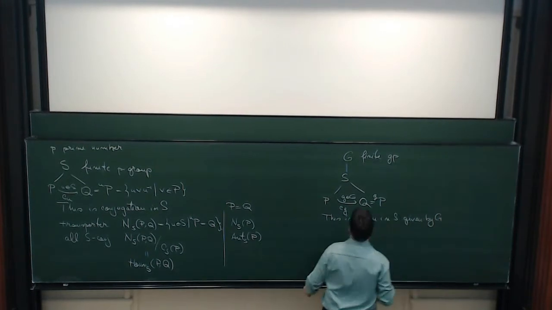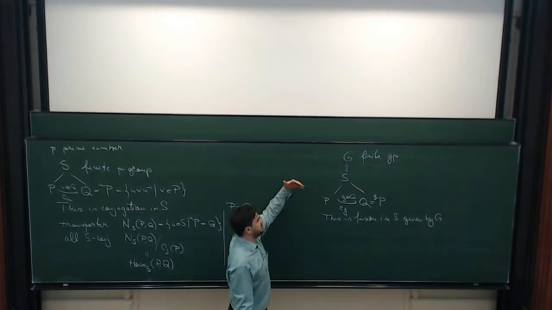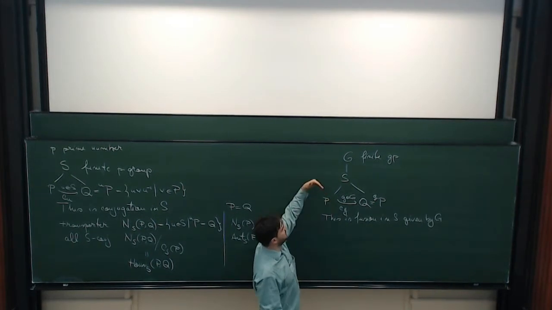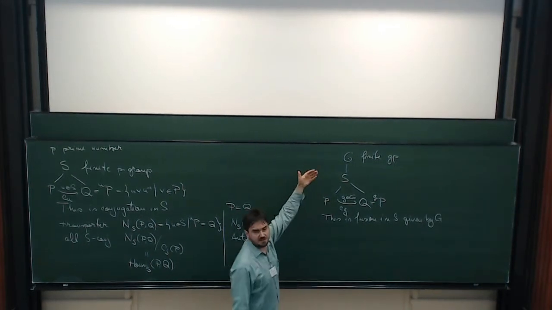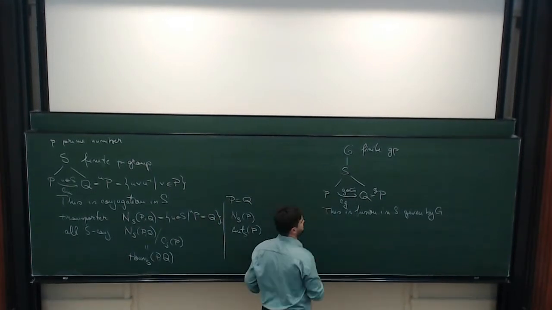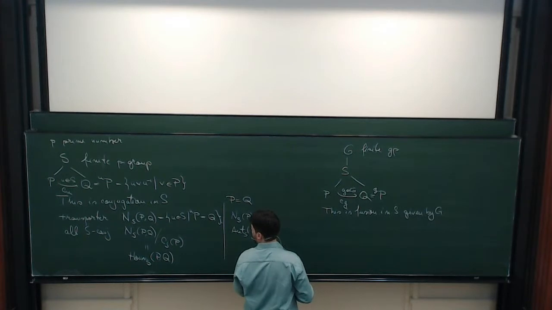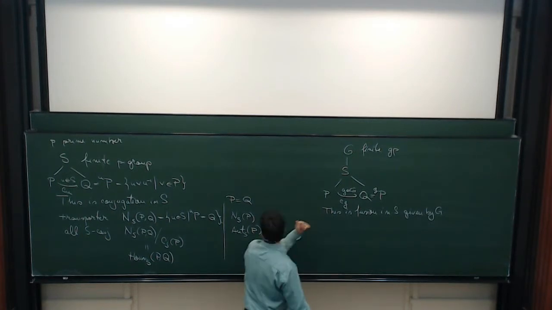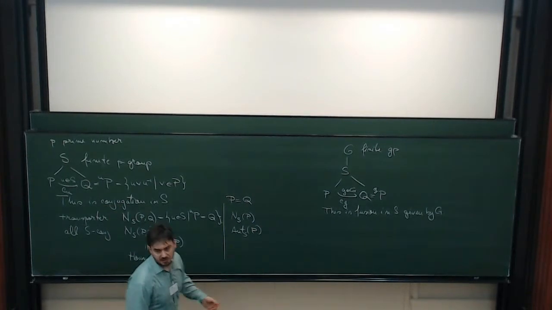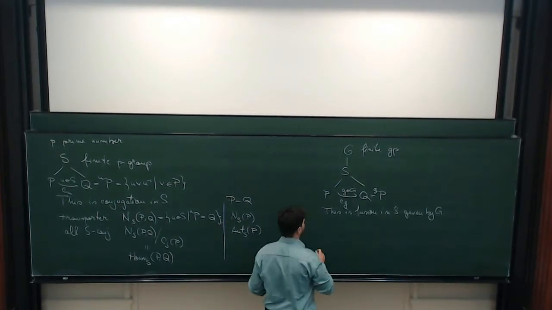Okay, so you have to think of this fusion as something inside of S between subgroups given by an entity that's above, that's somehow exterior to this subgroup. And if you want the conjugation that you had before, it's just the trivial fusion that always comes when you have this.